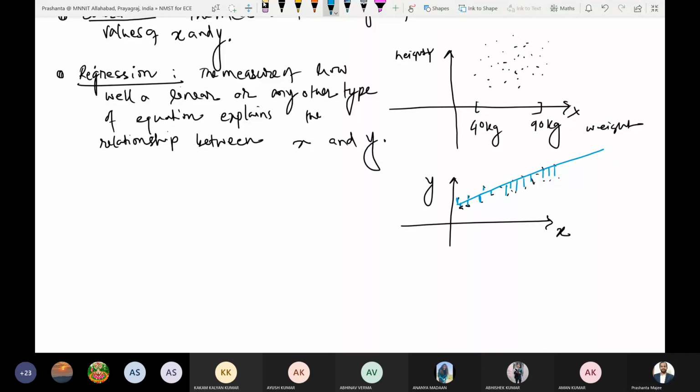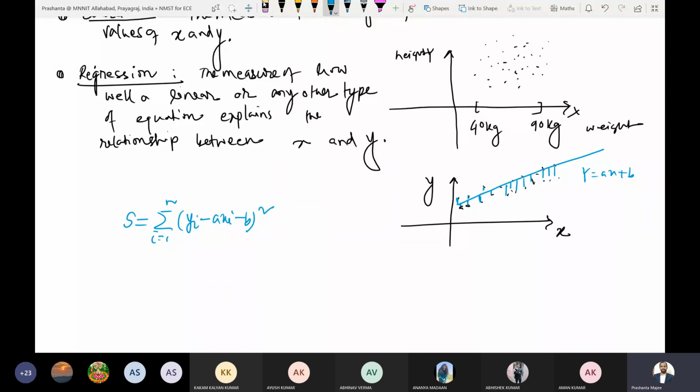That was S. What was S? Total error. Suppose you are fitting the curve y equals ax plus b. What we assume is that the x value is correct. Only the y values may have some amount of error. Then S is the summation from i equals 1 to n of (yi minus a xi minus b) whole square.